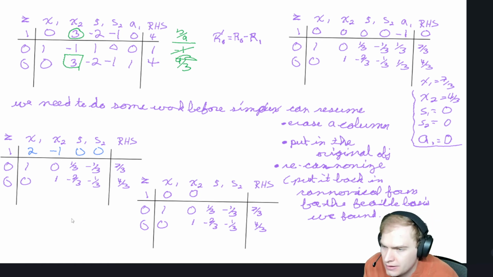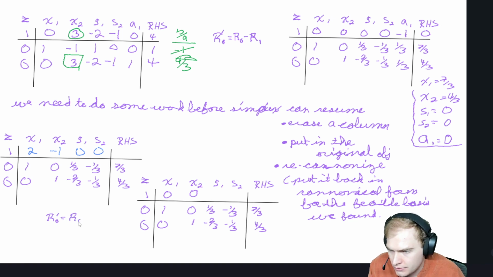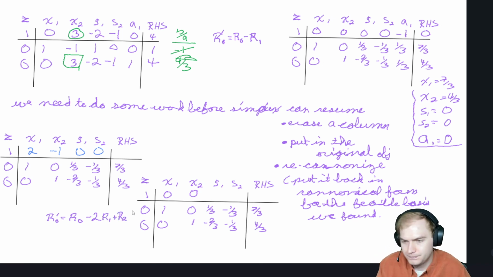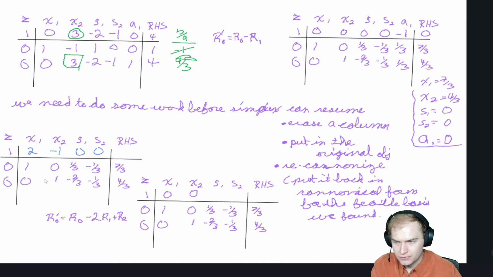So the easiest way is just row 0 prime is going to be row 0 minus 2 row 1 plus row 2 for us. For this problem, basically your basis in the A part of the tableau should already be in row reduced form.